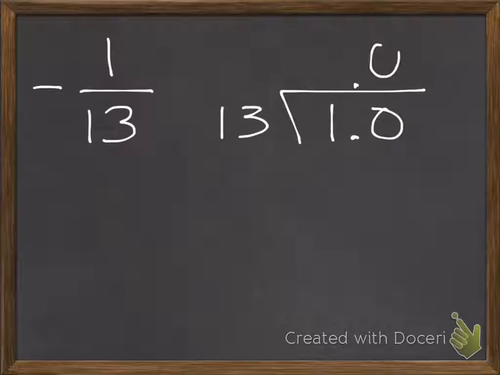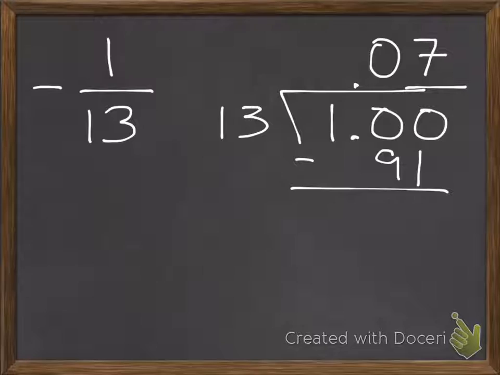If it does not go into the 10, I put a 0 and then add another 0. And 13 goes into 100 7 times. And then I'm going to keep going.